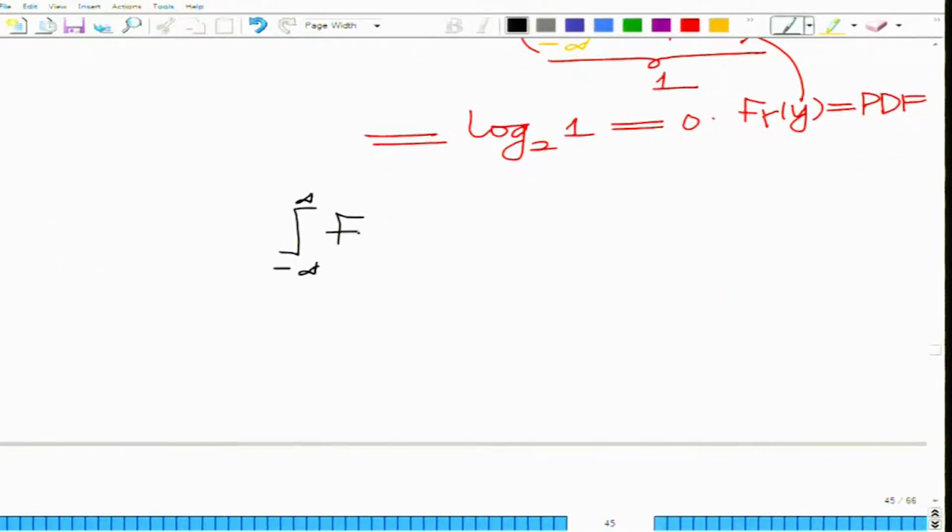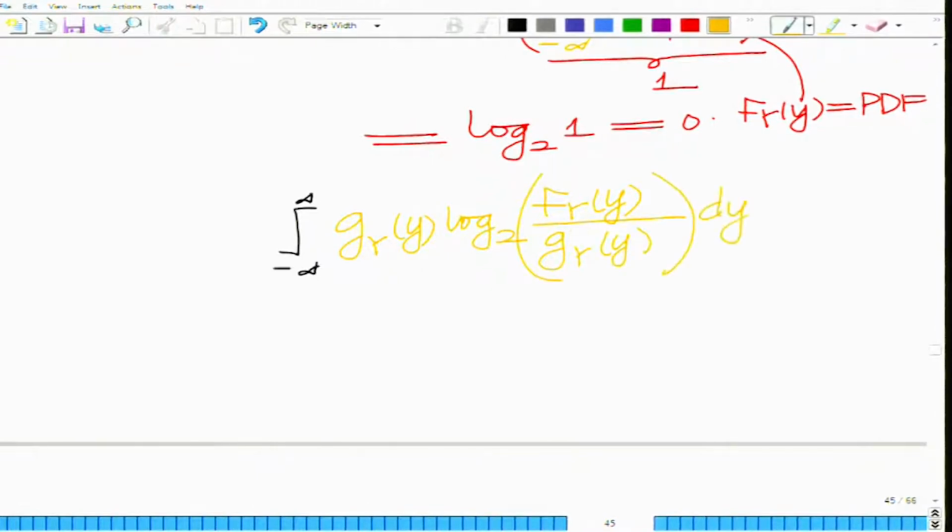interesting inequality that the integral of g_Y(y) log to the base 2 of f_Y(y) divided by g_Y(y) dy is less than or equal to 0.